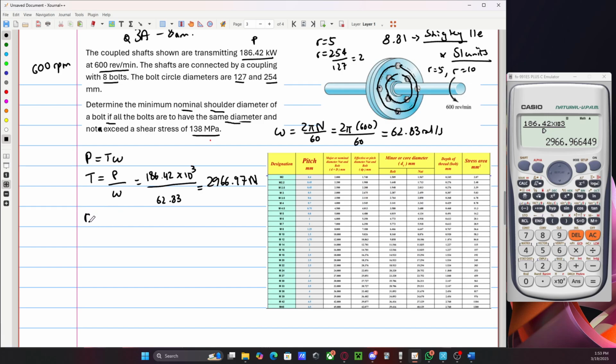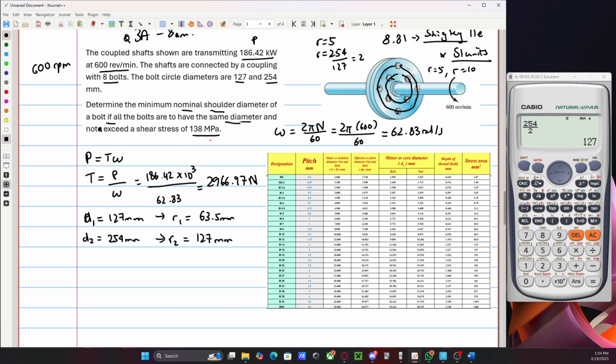We have D1 equal to 127 millimeters, so R1 is 127 divided by 2, which is 63.5 millimeters. And our D2 is equal to 254, and if we divide it by 2, our R2 is 127 millimeters.